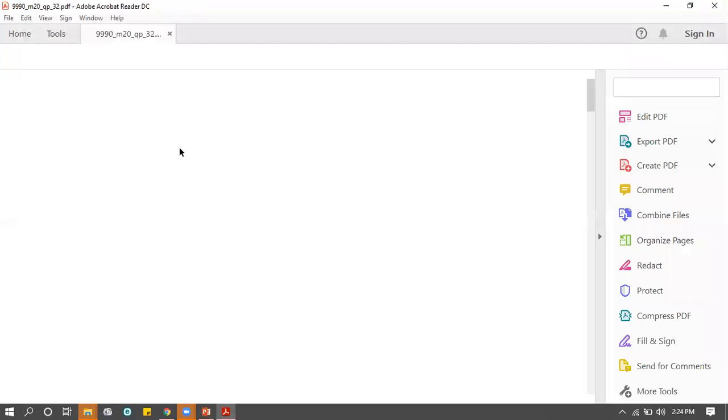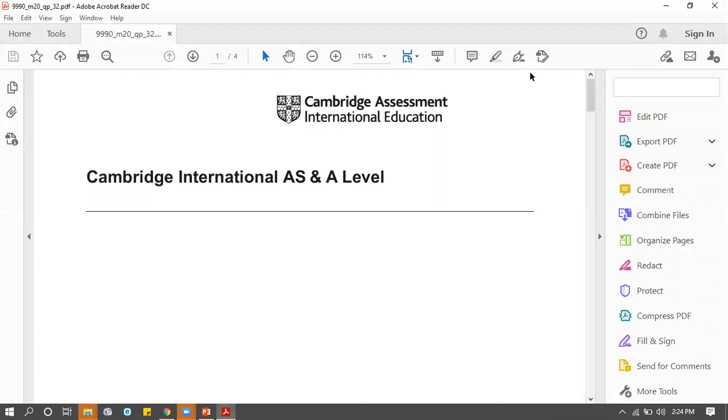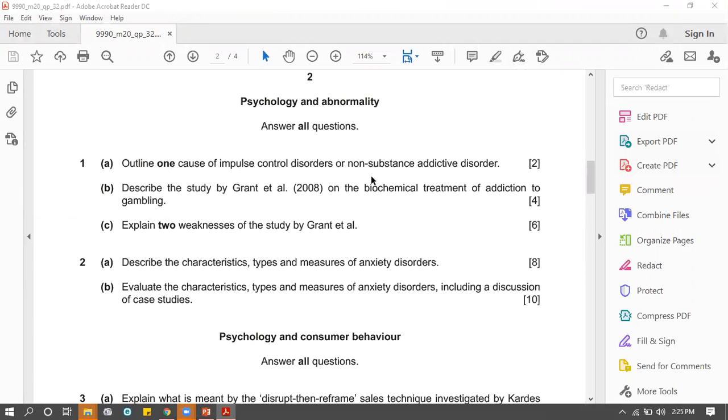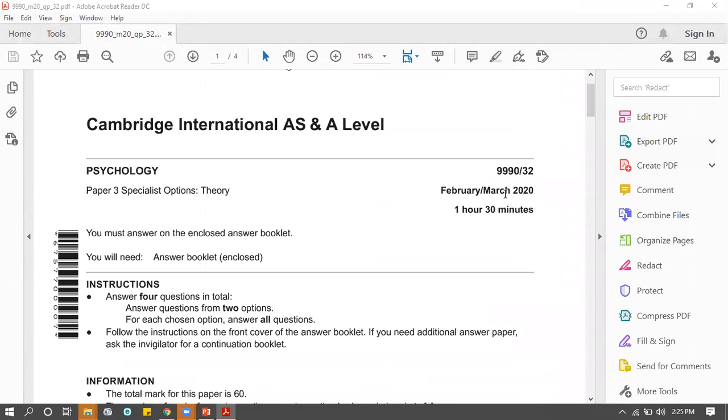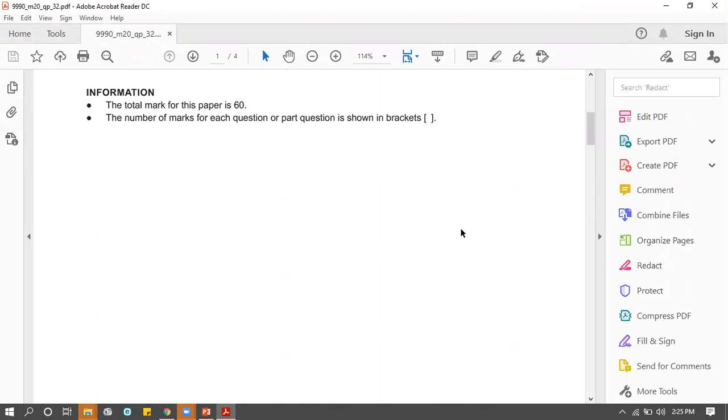If you can remember the structure for paper three, it's going to serve you well. Paper three is 90 minutes, 60 marks. Same as AS, 90 minutes, 60 marks.